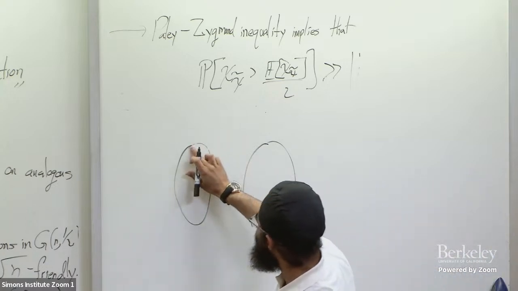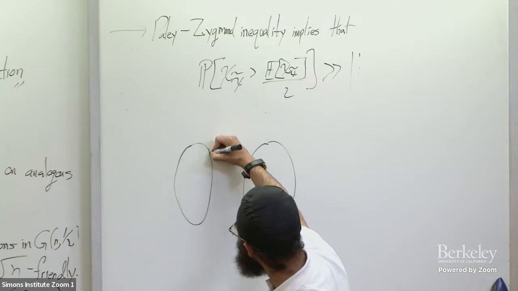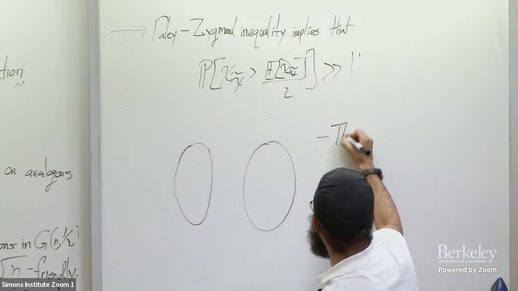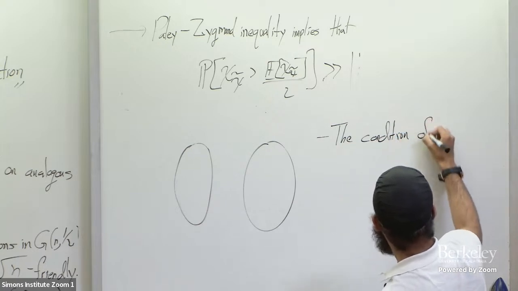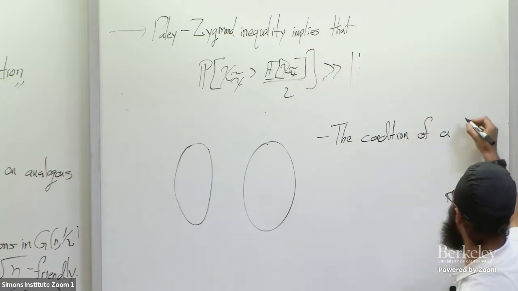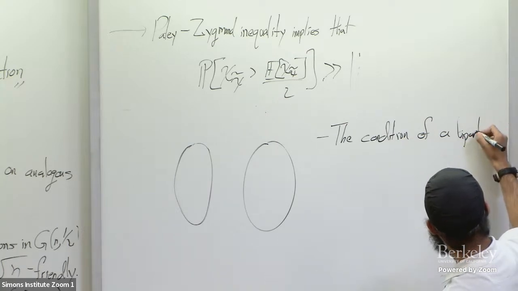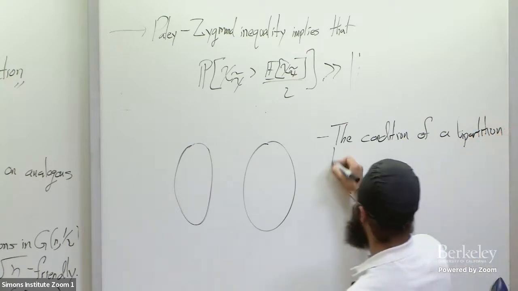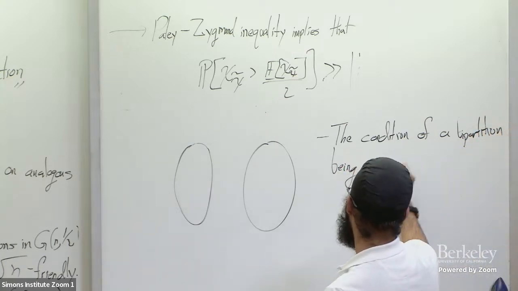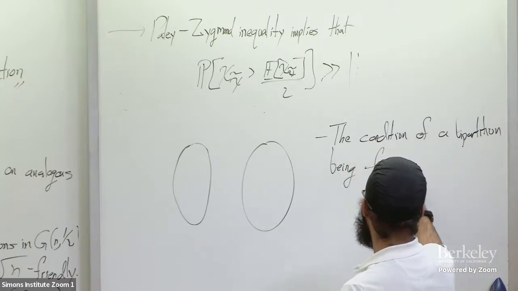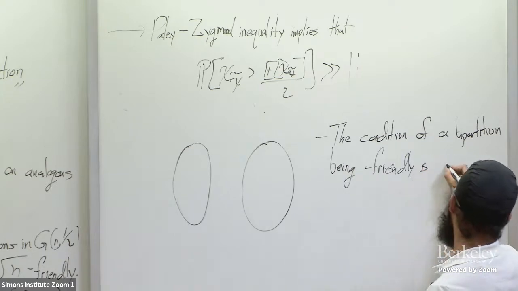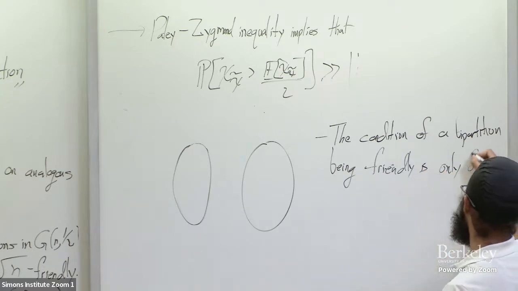The key insight, the starting point for all these computations, is that the condition of a bipartition being friendly is only a function of the degree sequence.